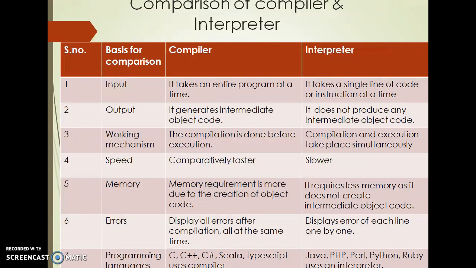Now we come over the way in which errors are displayed. Compiler will display all the errors after compilation at the same time, while interpreter will display errors of each line one after the other. There are different programming languages that support compilation, that is C, C++, C#, etc. While many programming languages support interpretation, that is Java, PHP, Perl, Python, etc.